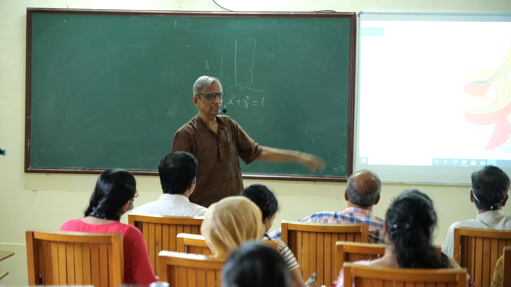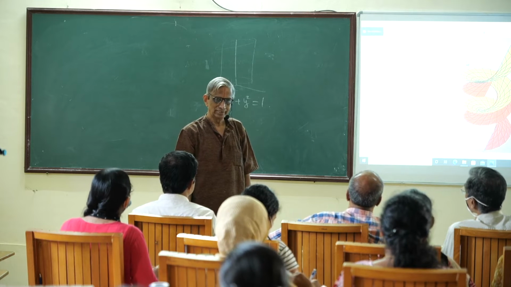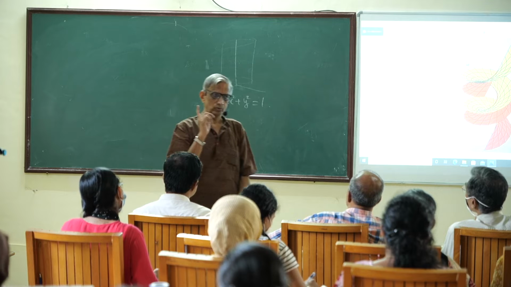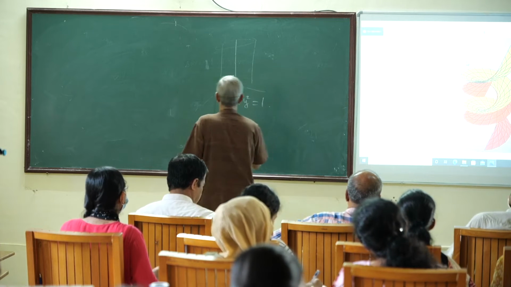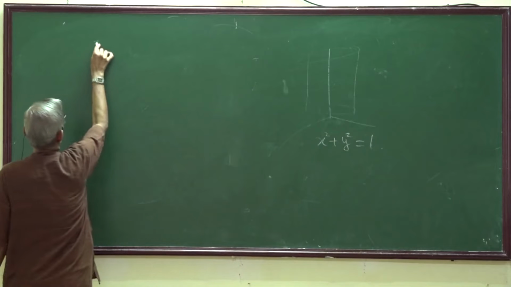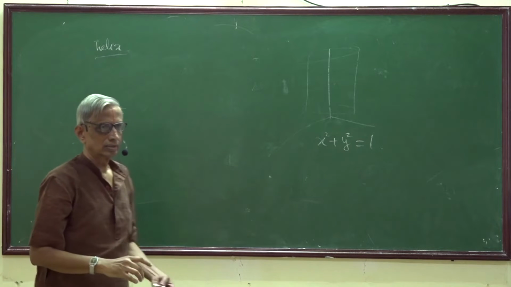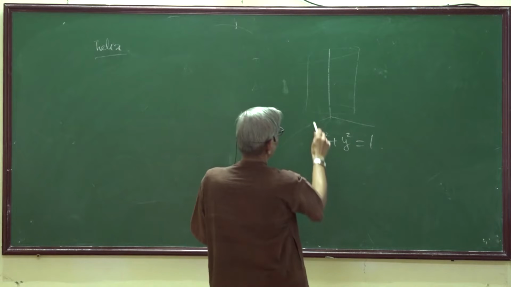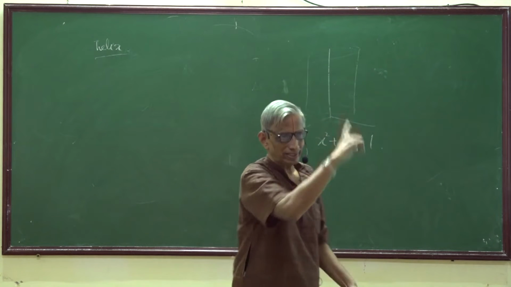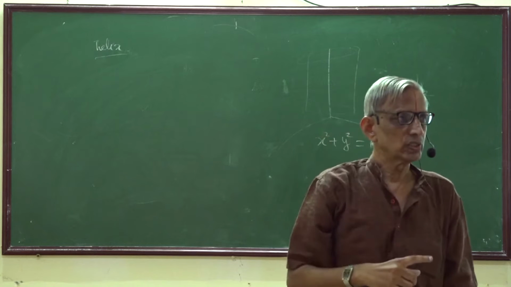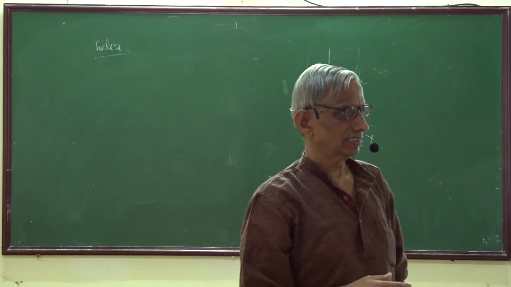So this is what is called a helicoid. Heard of helix? A curve called helix. So you have the cylinder, just spiral which winds around the cylinder, right?